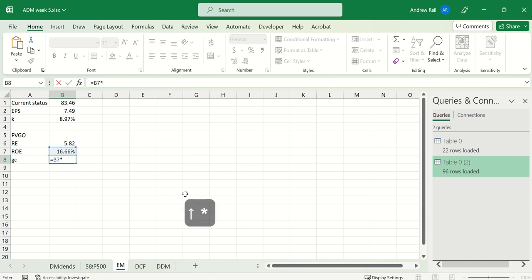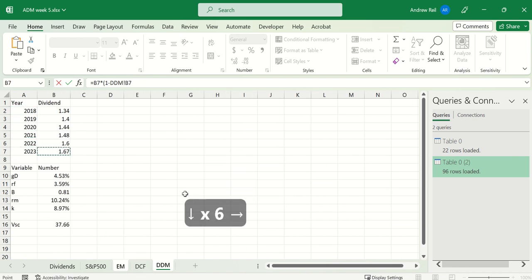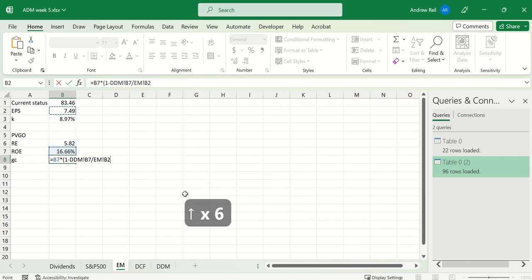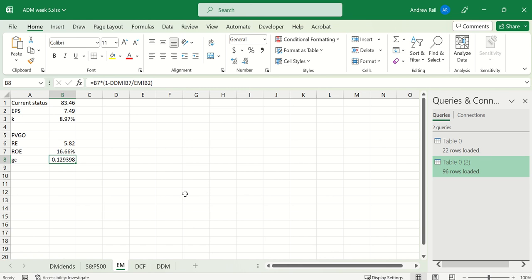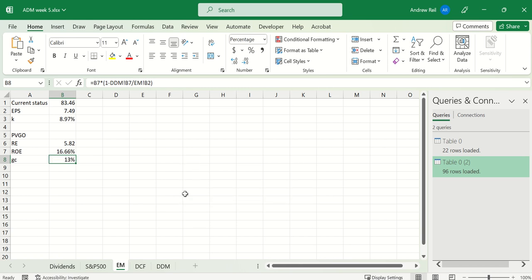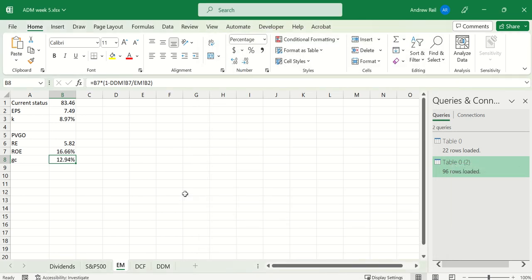Equal ROE multiplied by 1 minus the D1, which is Control page down, 2023, divided by, Control page up, the EPS. And then close bracket. And I'm going to make that a percentage, so Shift Control %, and then Control 1, tab, 2 decimal places.